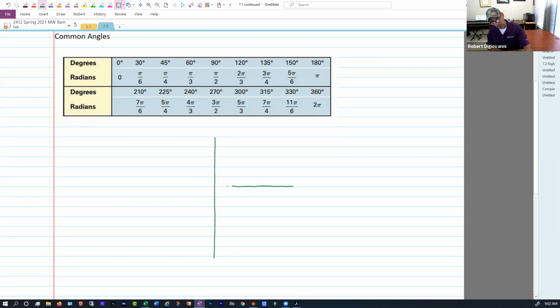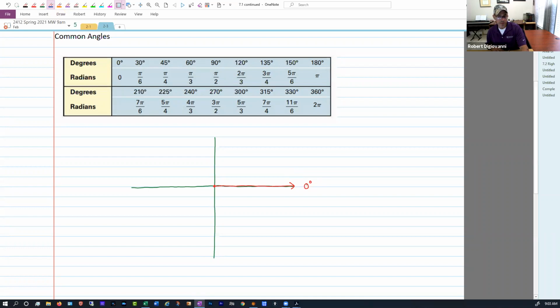I'm going to first draw X and Y axes. Remember, standard position means the initial side of our angle is pointed out the X direction. That corresponds to the angle 0 degrees, which in radians is 0 radians.